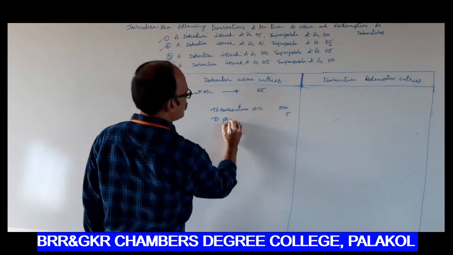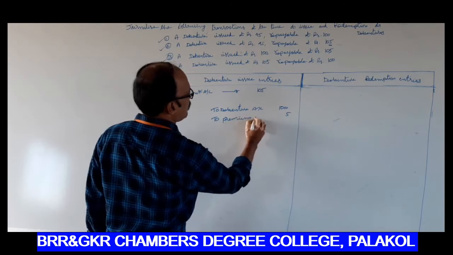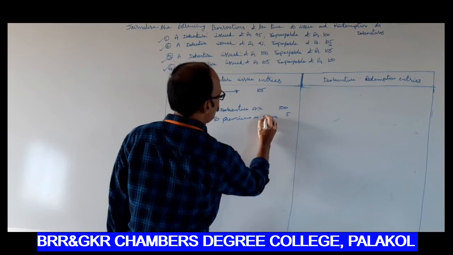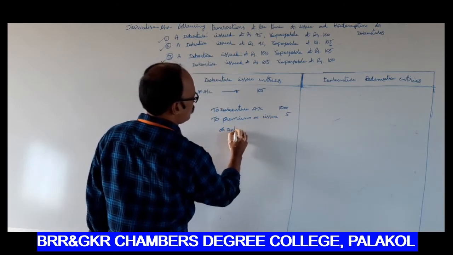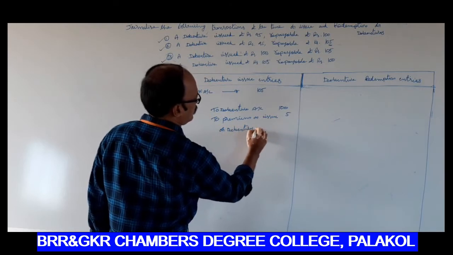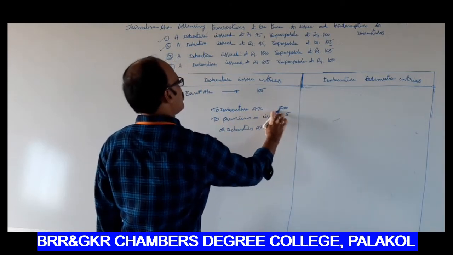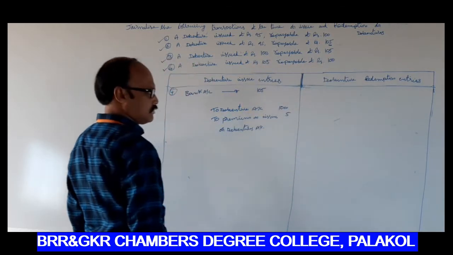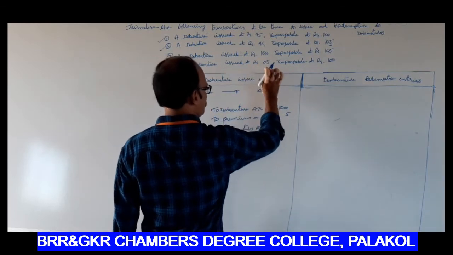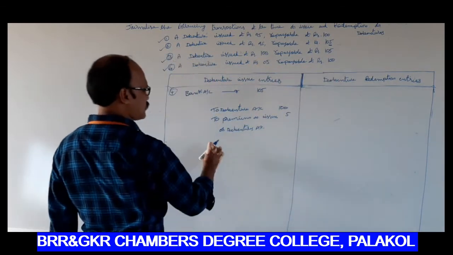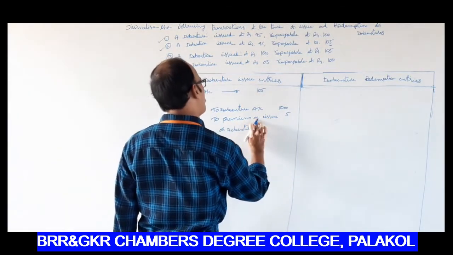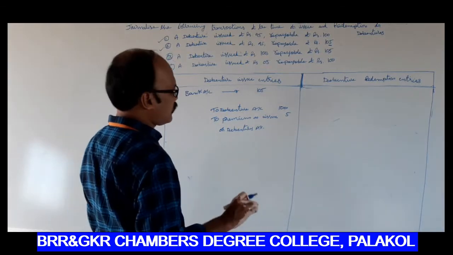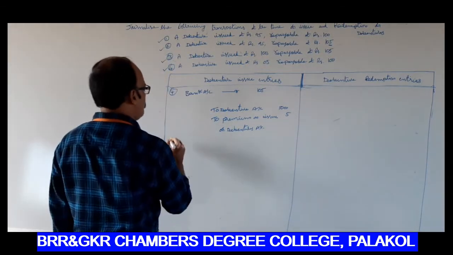This is premium on issue, not redemption, of debentures account. Because why? Here actually received 105, repayable 100. Okay, that's why this amount has to be transferred to premium on issue of debentures account 5, not premium on redemption of debentures account.